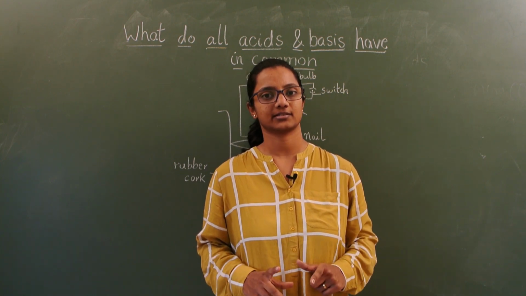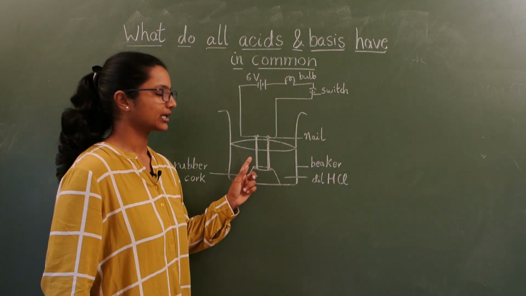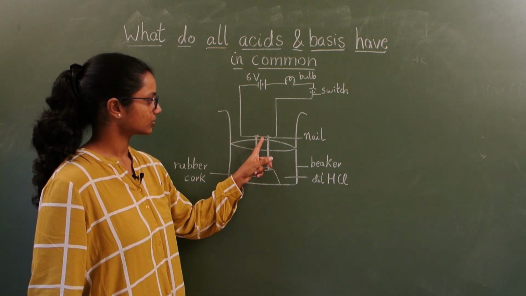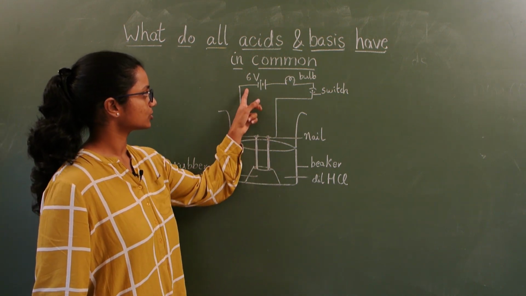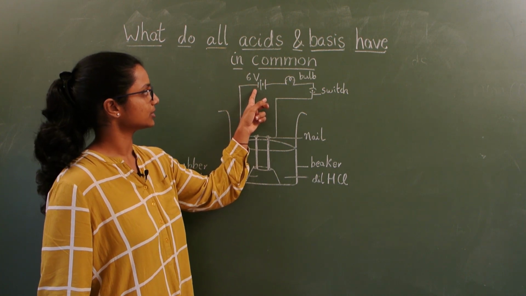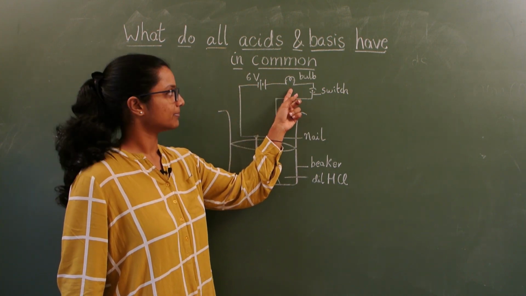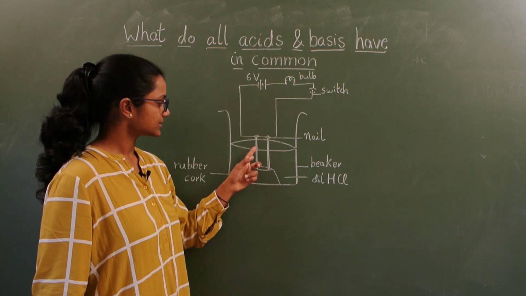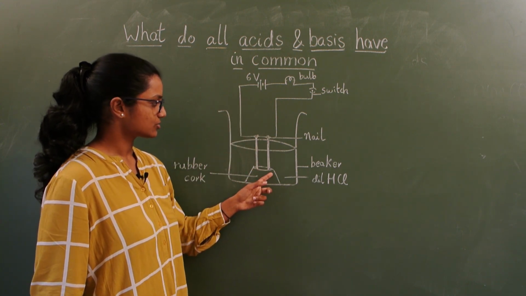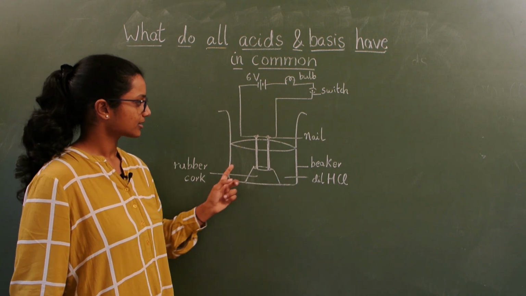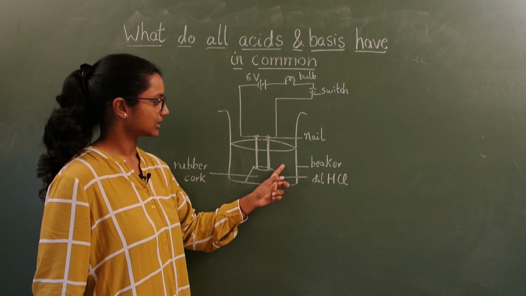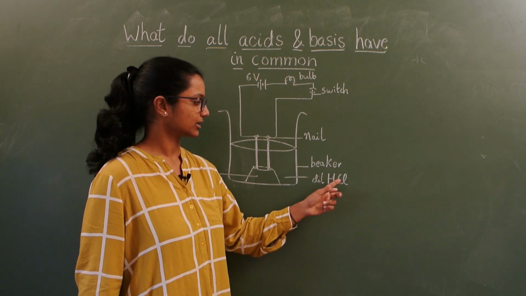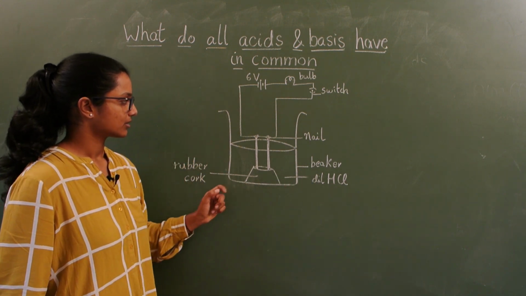whether they are acids. Take a beaker and connect two iron nails to a battery of 6 volt connected to a bulb and a switch in the entire circuit. These iron nails are attached to a rubber cork, and into a beaker you add dilute hydrochloric acid.